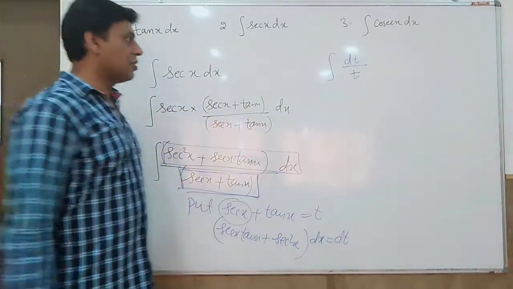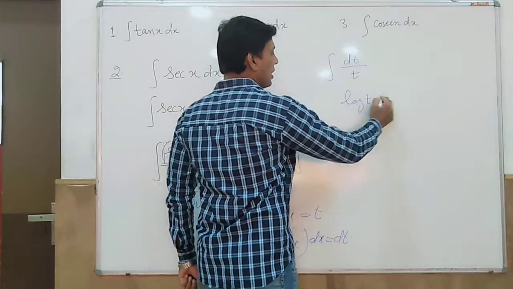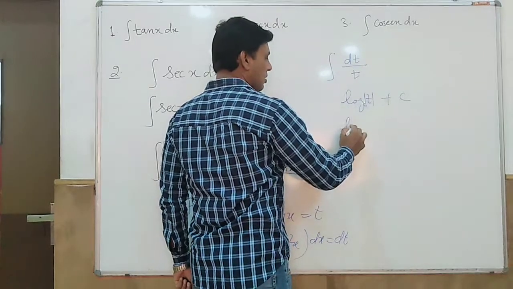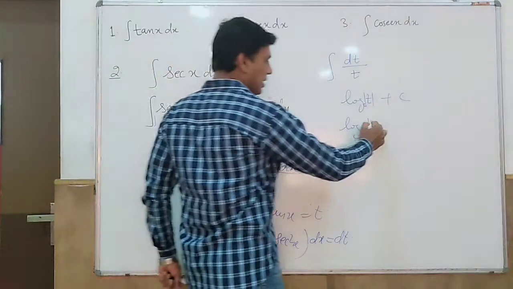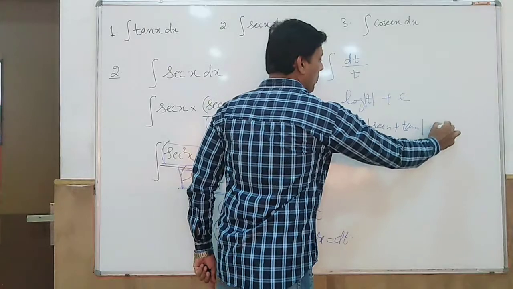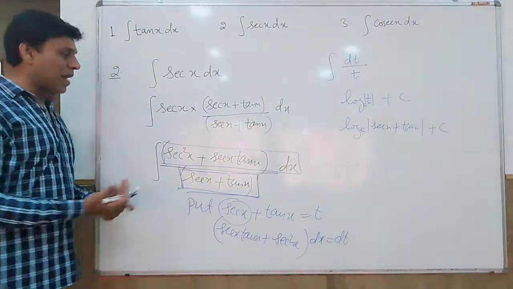Now the integration of 1 upon t is log t plus c, obviously base e, with modulus. So log of modulus of t, and t is sec x plus tan x, plus c. This is your answer. And you can apply it directly also.